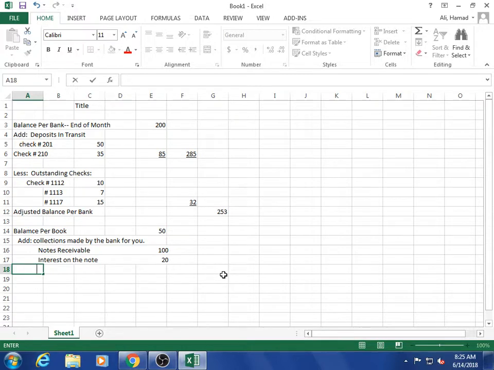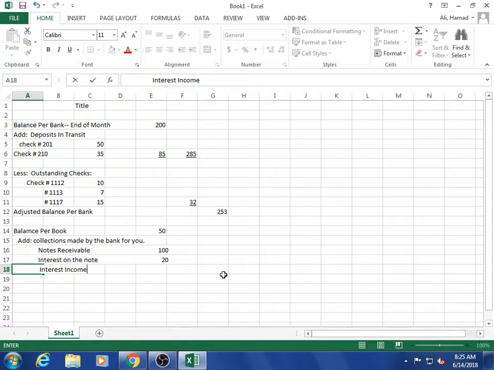Sometimes, for example, schools receive financial aid funds into the school account, and then disperse these funds to tuition and fees, and anything left over they give back to the students.